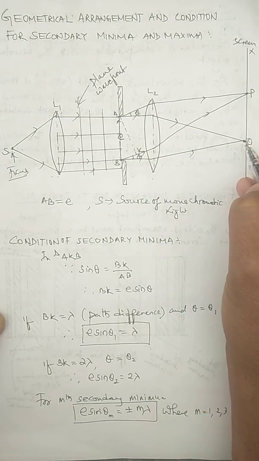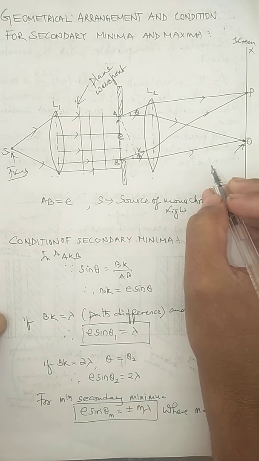That's why this O is the position of the central bright band.